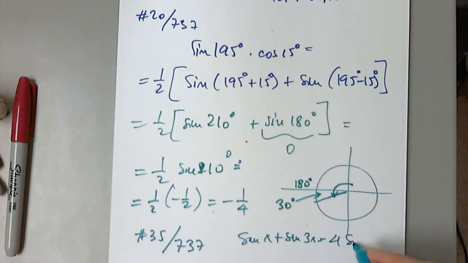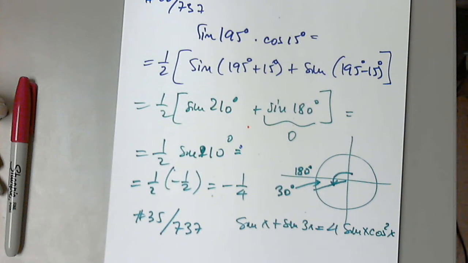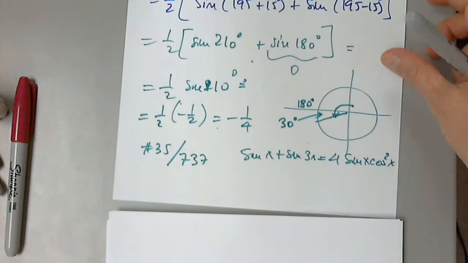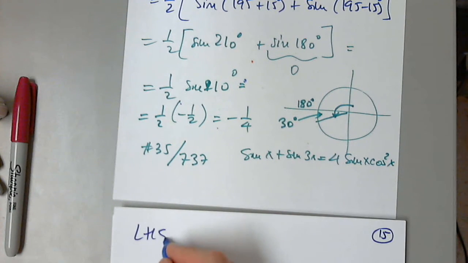They say it's 4 sine x cosine squared x. Let's start on the left-hand side. And we have sine x plus sine 3x.